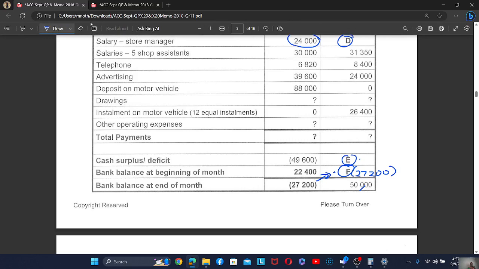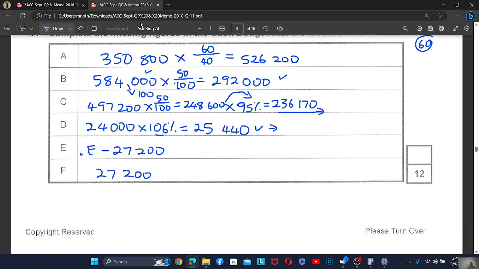And then we got 50,000. So from here we are going to solve for E by transposing this one to this side. 7,200, it's how much? 7,200. 200, that is your answer. So for this one, I just need you to apply your maths because of the sign. Solve for X.